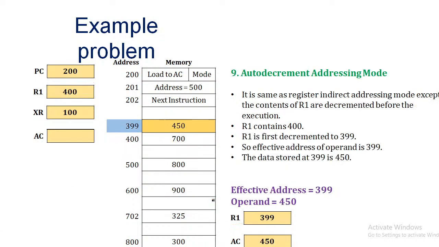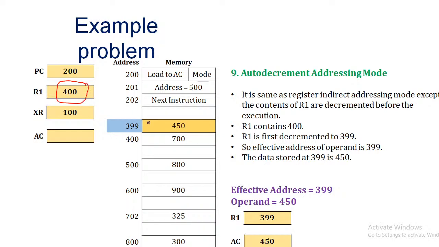Now in case of autodecrement, please see this one carefully, because they used to ask questions from this section. The register value is the same, 400.